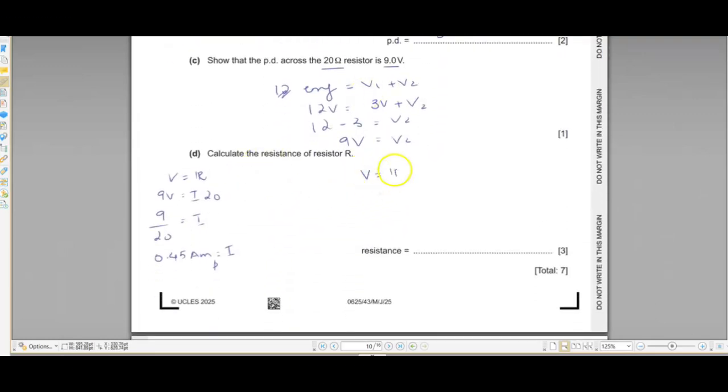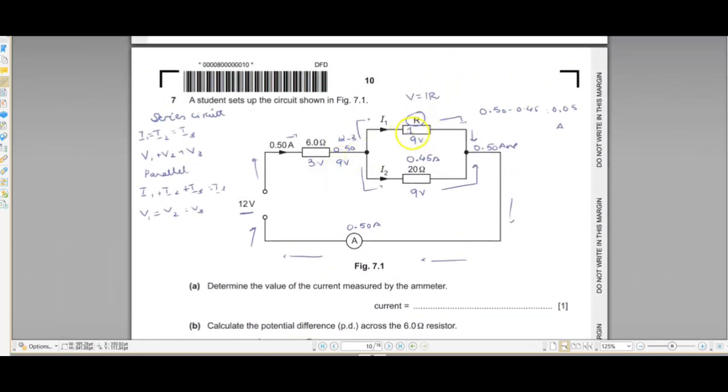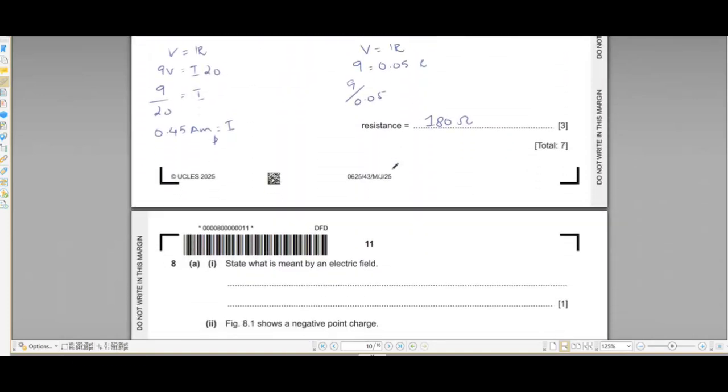V is equal to IR, 9 volts, 0.05 amperes of current, and R. So 9 divided by 0.05 is going to give us an answer of 180 ohms. So the resistance of the resistor is 180 ohms, right? So this is our answer.